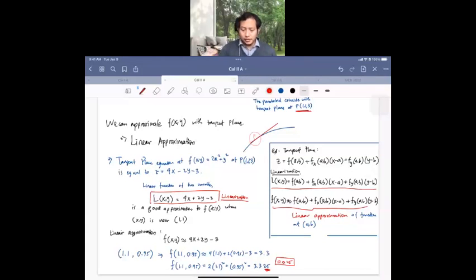Okay, any questions so far on this linear approximation? I think practically speaking, how we are going to use this approximation is basically similar to what we have done in calculus 1.